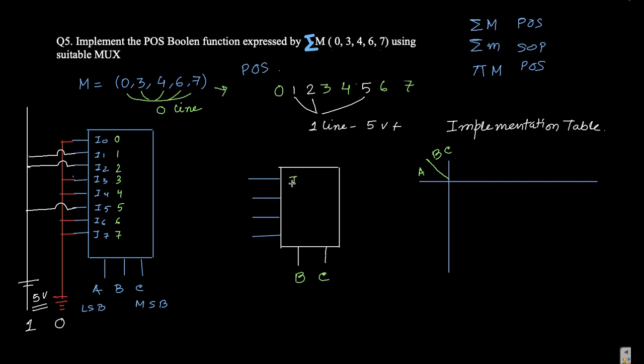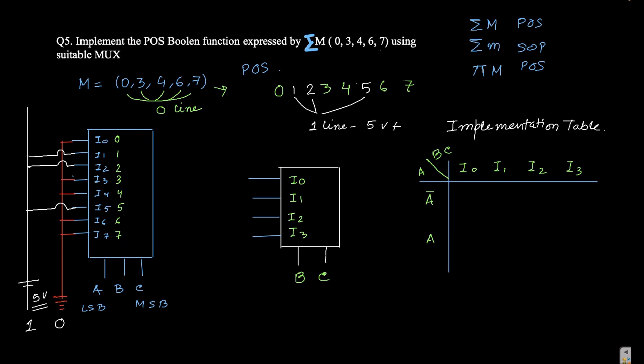As it has a 4:1 MUX, the inputs are 4: I0, I1, I2 and I3. So write I0, I1, I2 and I3. Now this is A bar, that means 0, and A, that means 1.